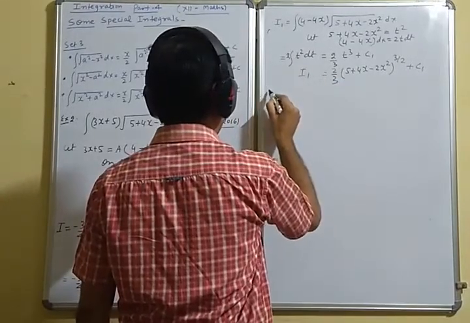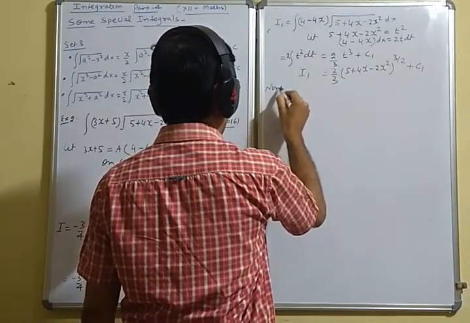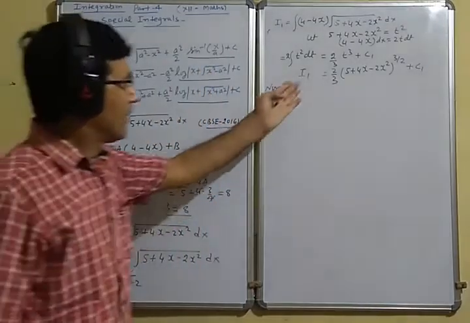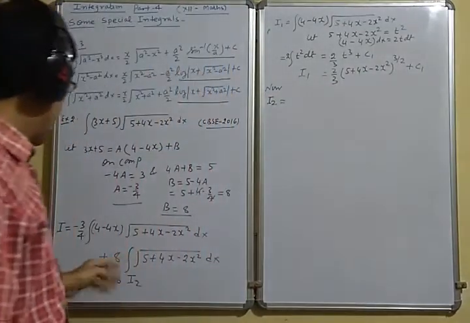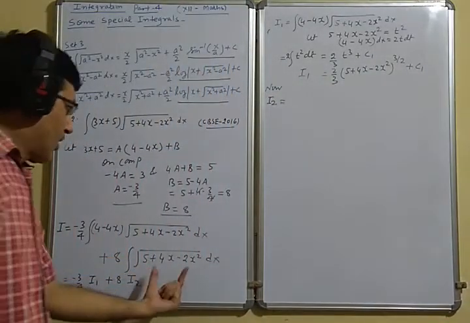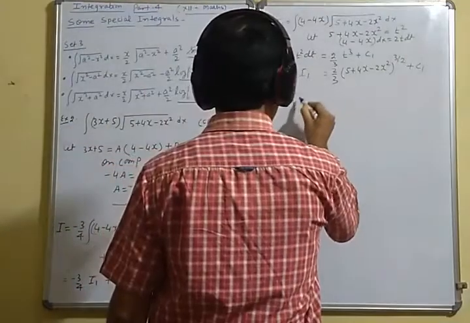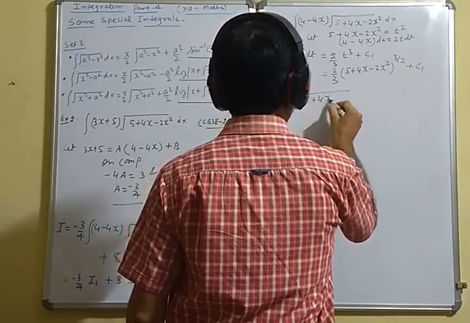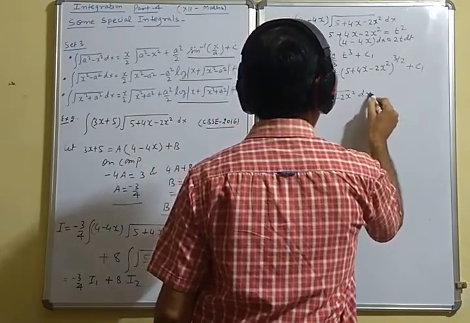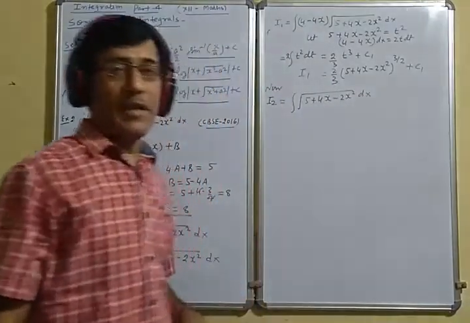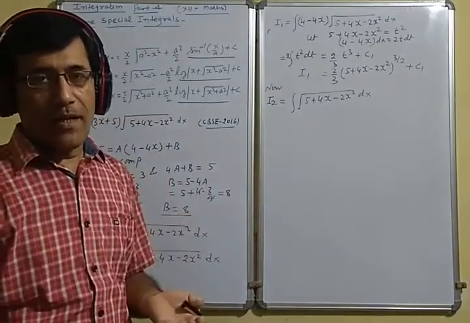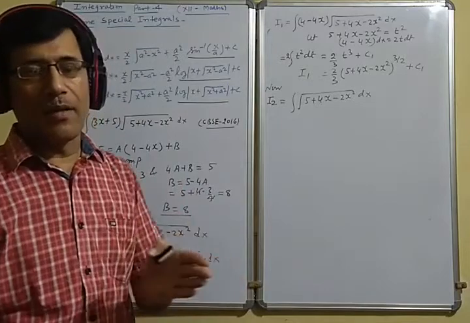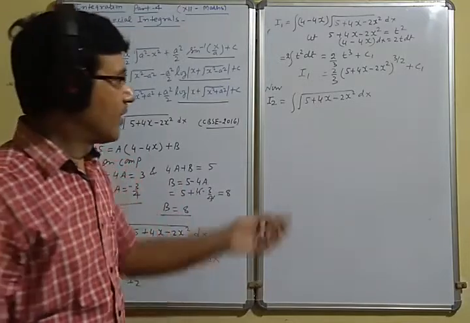Similarly, now we simplify I2, the second integration. The first integration is this one, that is I1. Now second one is this much, integration under root 5 plus 4x minus 2x square dx. Now we have to convert it in the form of a square minus x square, or x square minus a square, or x square plus a square, square root of this.